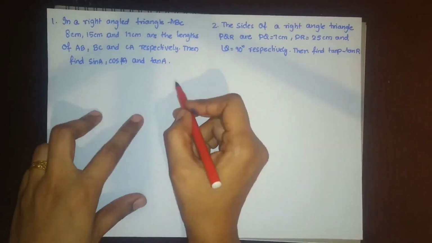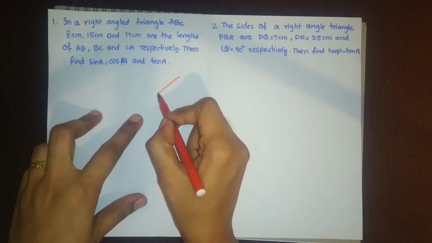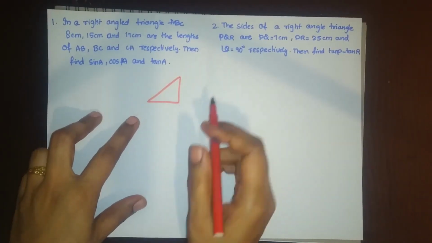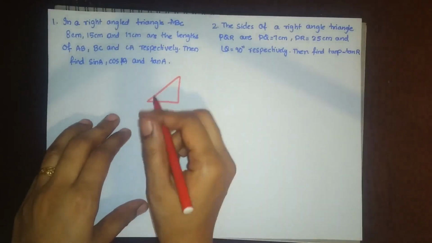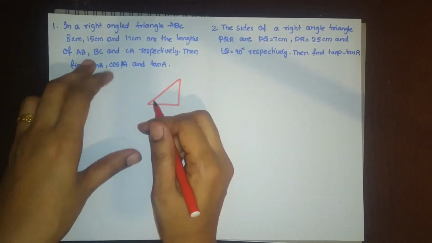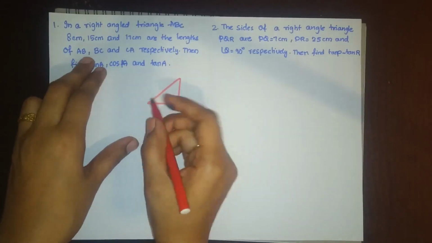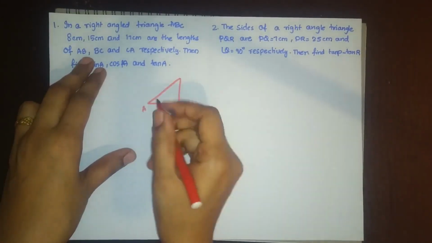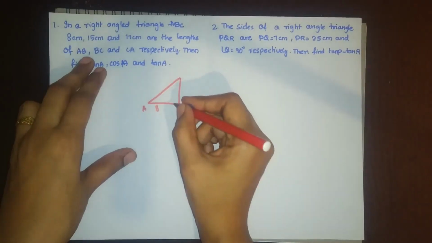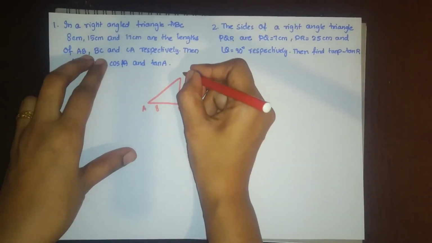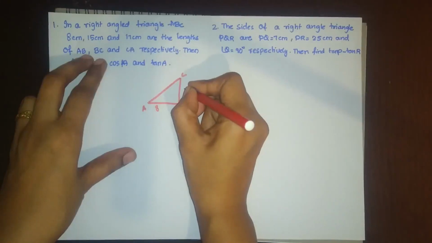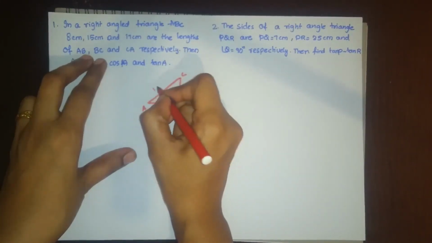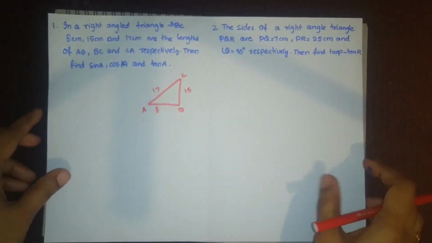Here, it is given that in a right angle triangle ABC, the side AB is 8 centimeter and BC is 15 centimeter and CA is 17 centimeter.